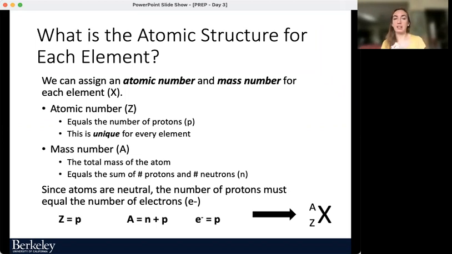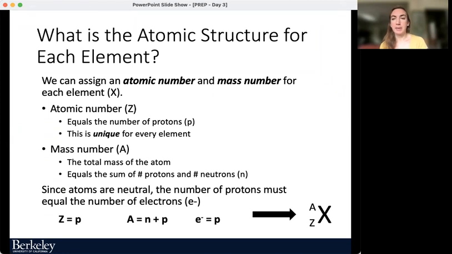And then the atomic number Z goes in the bottom. Sometimes people leave that out because if you know the name, if you know X, you automatically know how many protons there are. So that X and that Z give the same information, but one is in the form of a name and one is in the form of a number. And then in the top left, we put the mass number A.